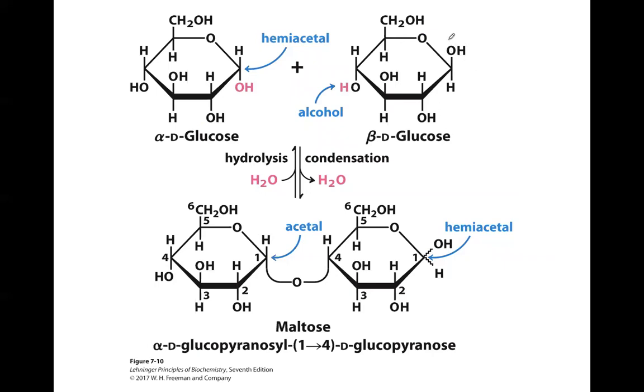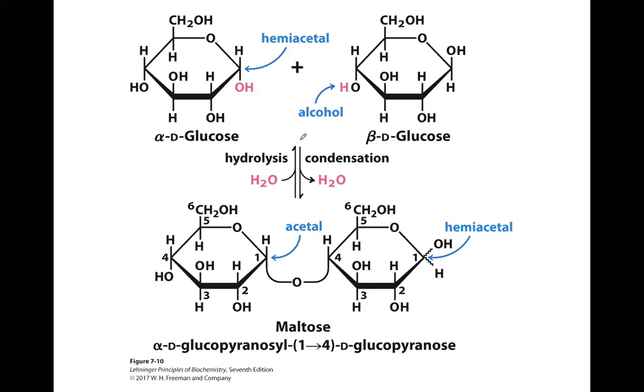Remember, alpha and beta undergo interconversion in different solvents. So when it's in the hemiacetal form, it's never frozen. The anomers are interconvertible. So alpha glucose and beta glucose, there's also an equilibrium between them. So this is hemiacetal and this is our alcohol.